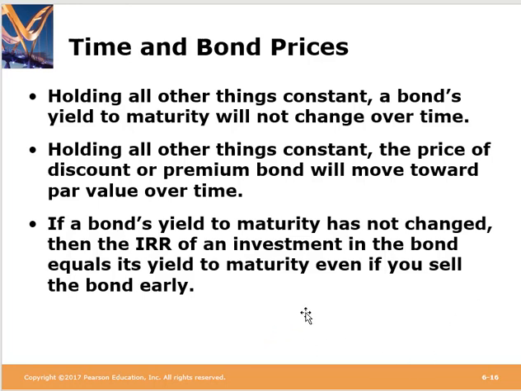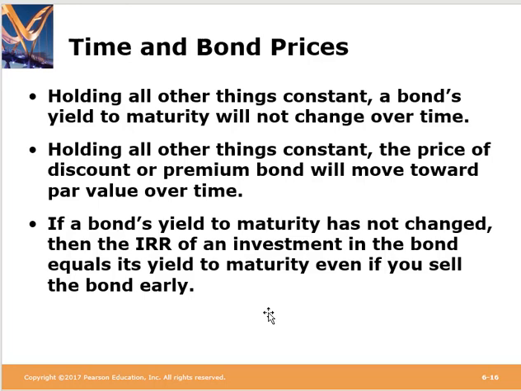So if a bond's yield to maturity hasn't changed, then again, the internal rate of return on the investment equals the yield to maturity, even if you sell the bond early. So again, the return on the investment doesn't change as long as nothing else changes.